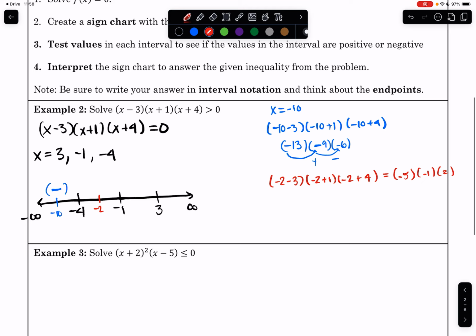And again, I'm only interested in figuring out if I'm going to end up with a positive or negative number here. Multiplying a negative and a negative is going to be a positive value. And multiplying that positive value with this positive 2 is going to result in a positive sign. So that means this portion of the graph is above the x-axis.